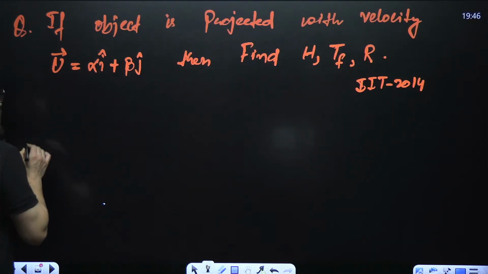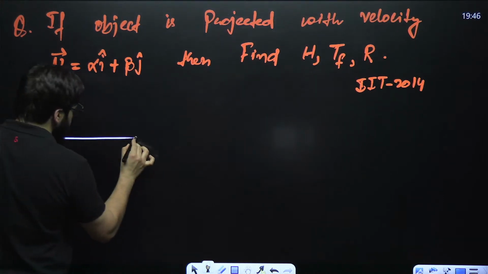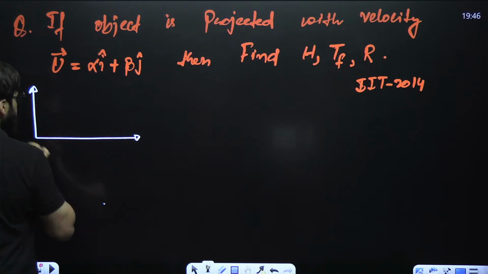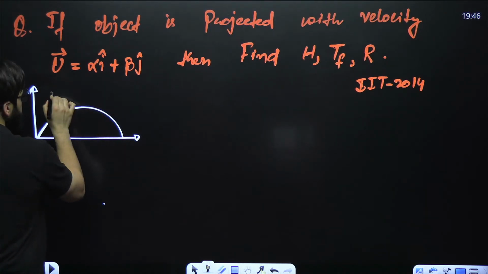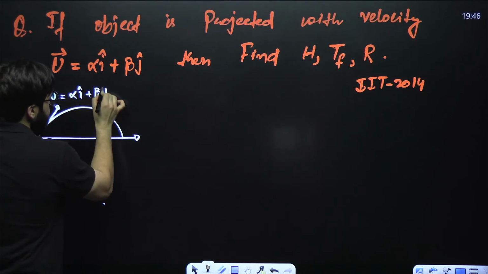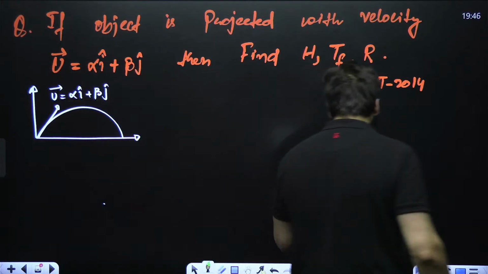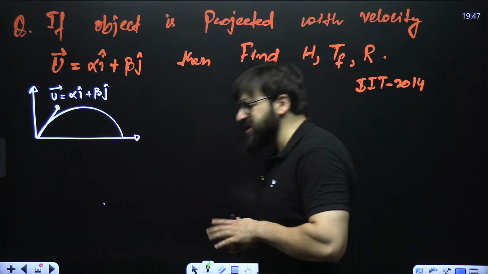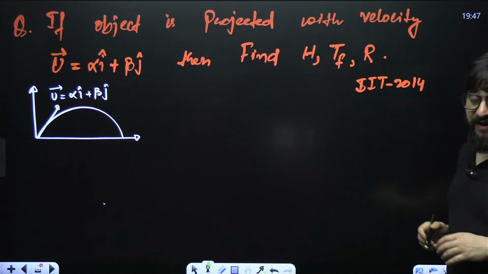Guys, see, it says that we have launched an object, let's suppose with a velocity u equal to alpha i cap plus beta j cap. This is the initial velocity with which we have launched the particle. The basic thing you might have studied, I have told you this in vectors also.